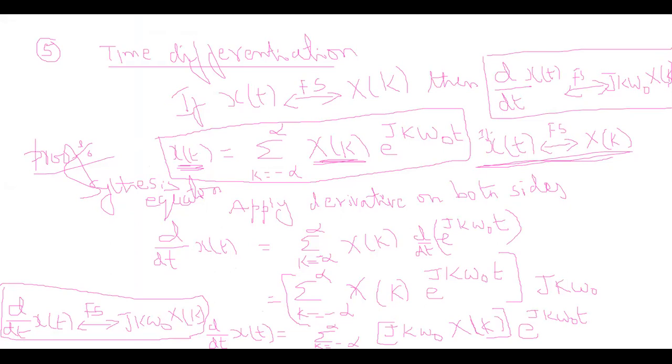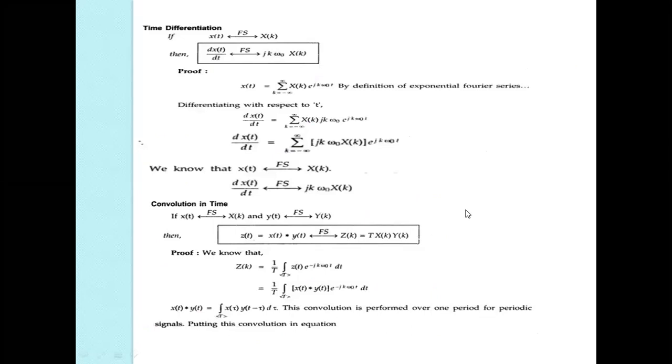The next property, the convolution property, is somewhat different. You have to know what the equation of the convolution is: the convolution in time and the convolution in frequency also.